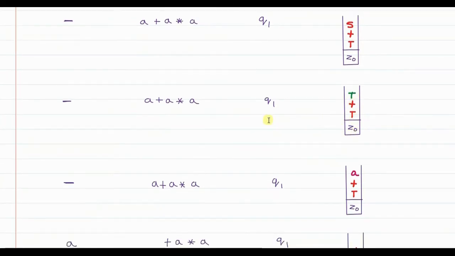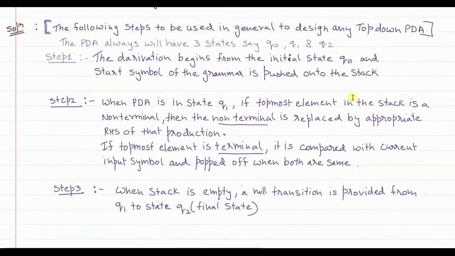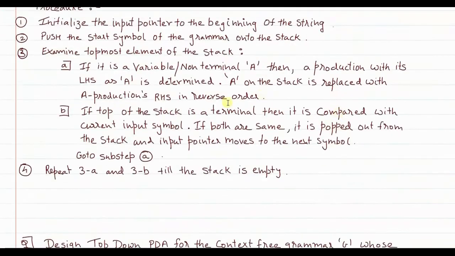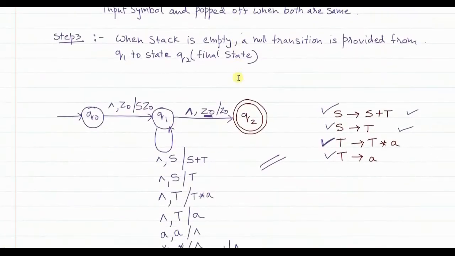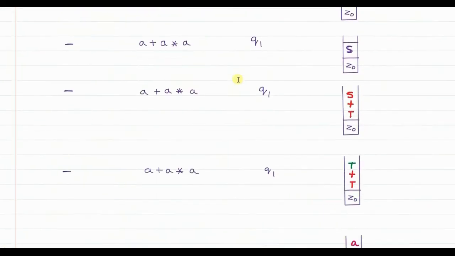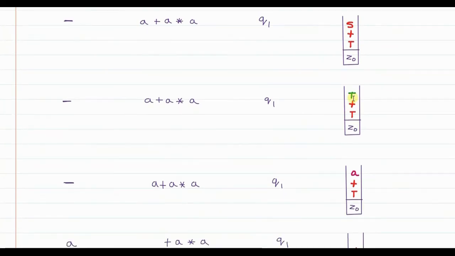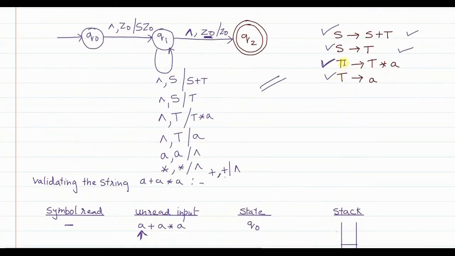Now again, at this stage you examine who is the topmost element of the stack. It's a non-terminal. So again you go to step 3A. If the topmost element is a non-terminal, then go for the production and replace the right hand side in reverse order. So see here, it is T. There are two T productions.